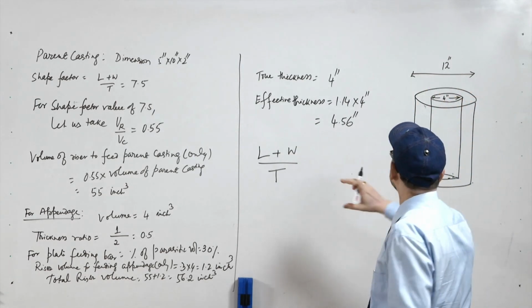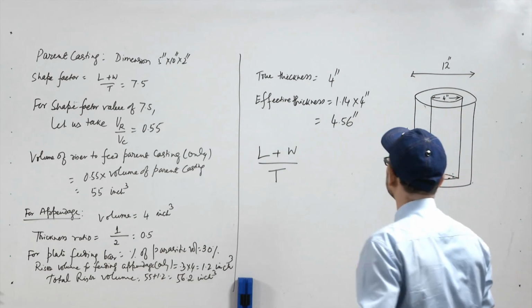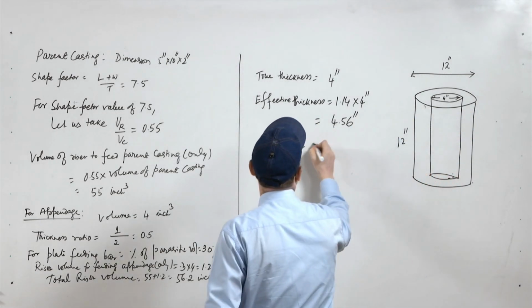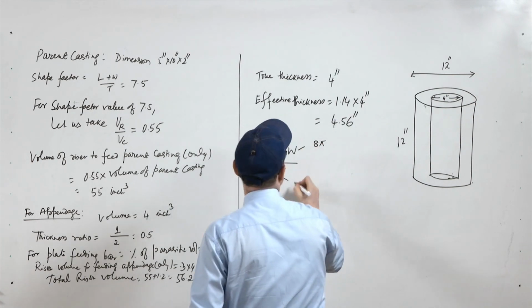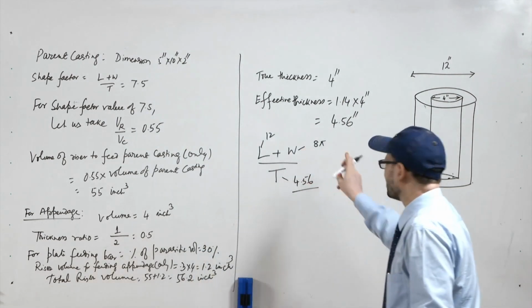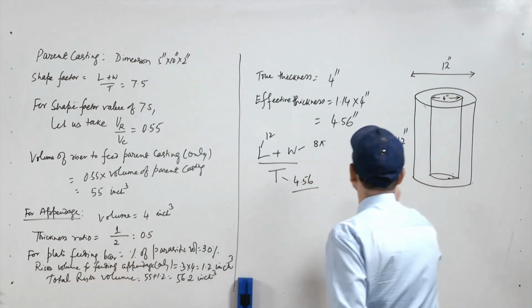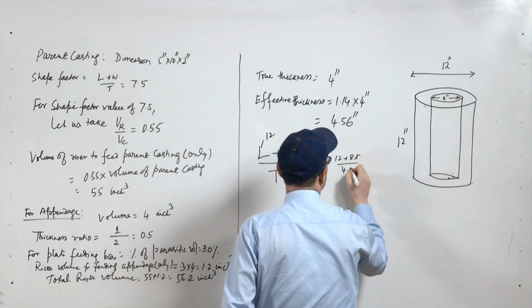So, you will have the perimeter, pi into 8. This will be 8 pi, this will be 12, and the thickness is 4.56. Once you calculate, it will be 12 plus 8 pi by 4.56.